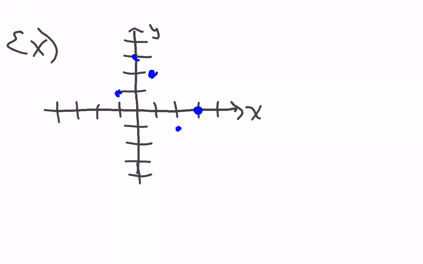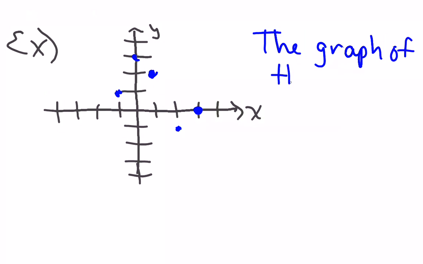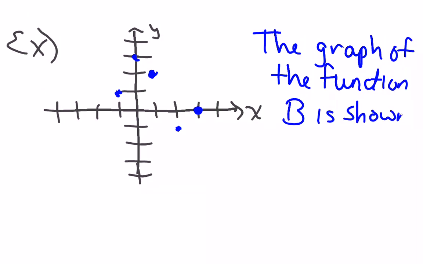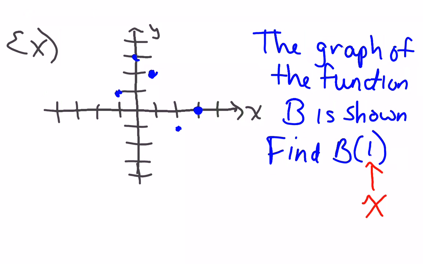Okay, it says the graph of the function b is shown. Find b of 1. When we have this kind of notation, b of 1 means that we plug that in. So b of 1 means that's our x value, that's our input.